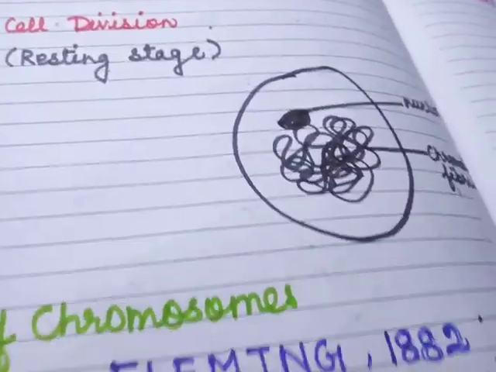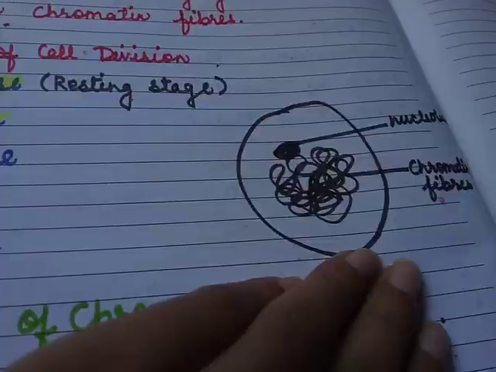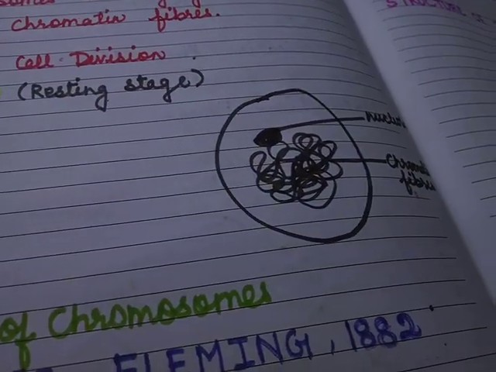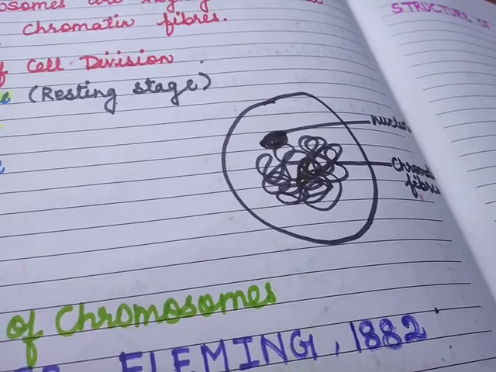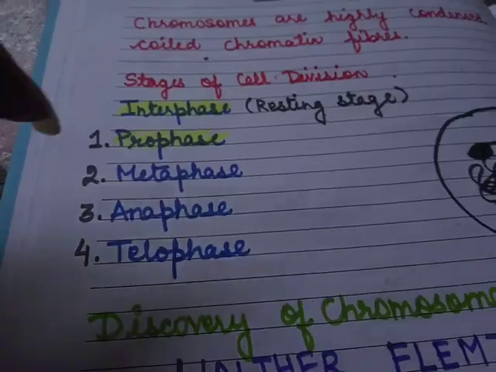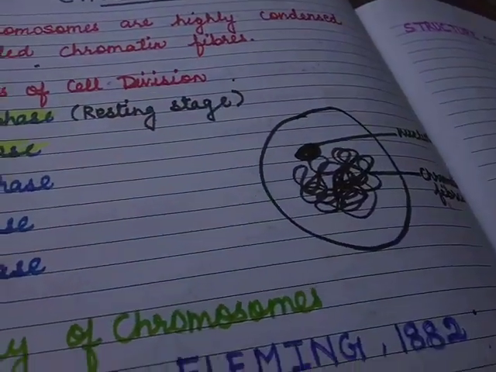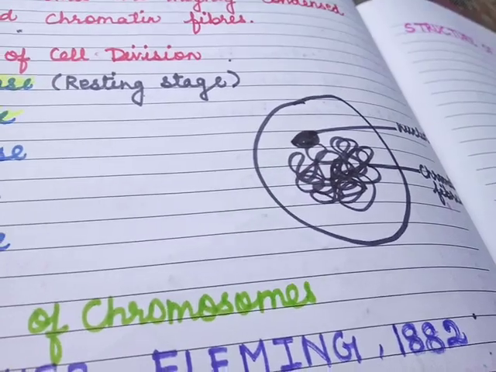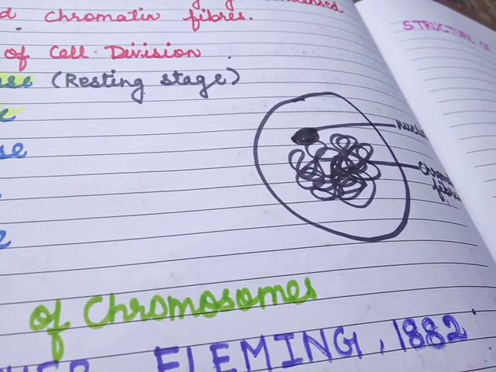You can see I have marked here the chromatin fibers and the nucleolus. As soon as it enters the first phase, that is the prophase, these chromatin fibers get condensed to form the chromosomes.